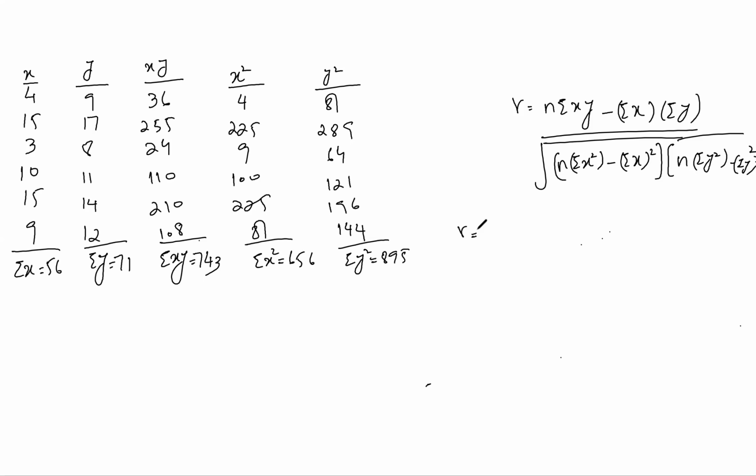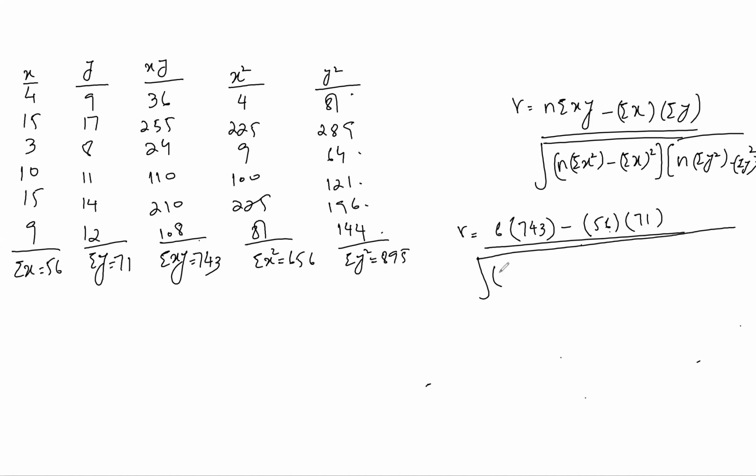R, n is 6, the number of values is 6. So 6 times sum of xy, 743, minus sum of x, 56, times sum of y, 71, over the square root of this.